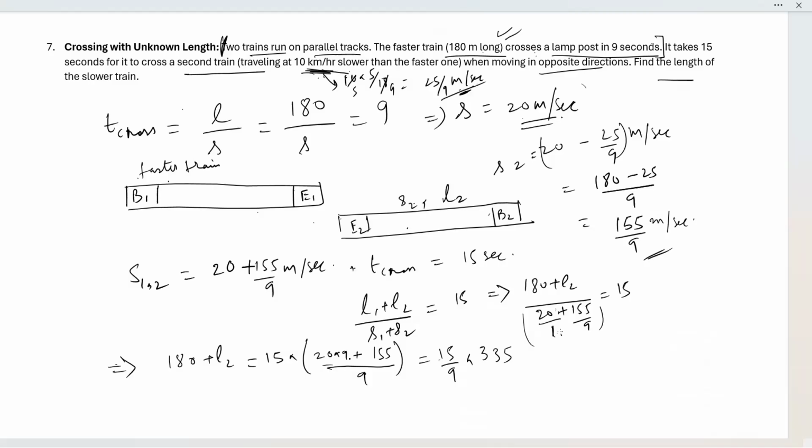Reducing it, 3 threes are, 3 fives are. This comes out to be 35, 1500 plus 35 into 5. This is 175 plus 1500. So 1675 by 3.